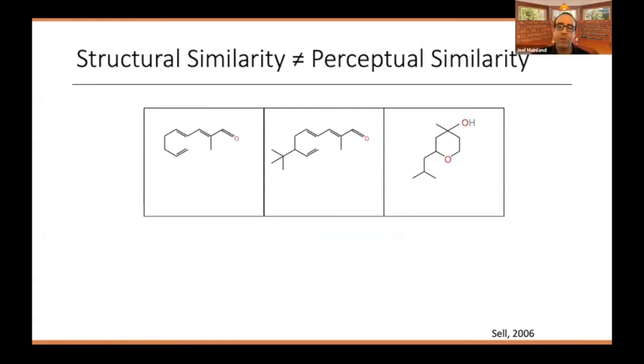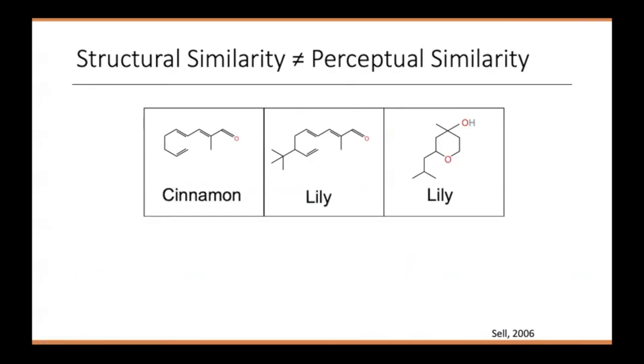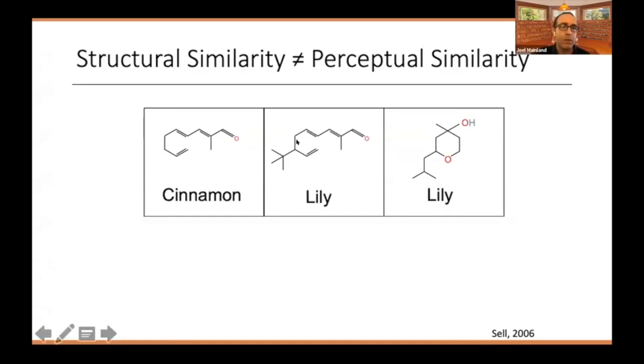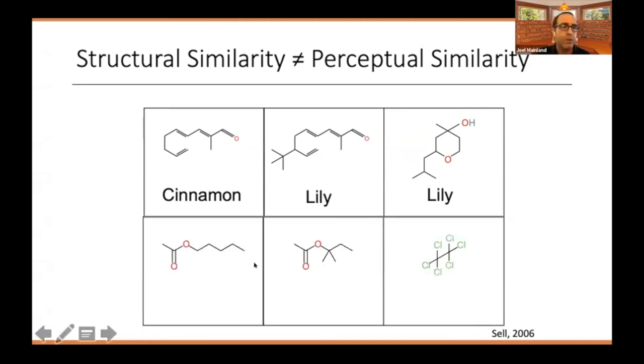So we have lots of cases where two molecules have similar structure but different percept, or have different structures and similar percept. And some of the most striking examples are these triplets from Charles Sell's 2006 paper, where two molecules here are structurally very similar and two molecules are perceptually very similar, but they're not the same two molecules. Here's another one.